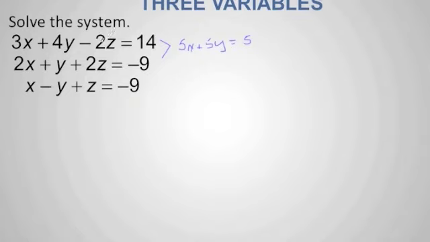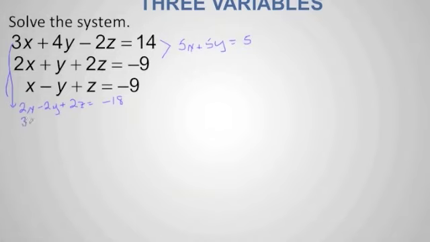Now I'm going to take the third equation and multiply it by 2. That would give me 2x minus 2y plus 2z equals negative 18. And I'm going to add that with the top equation.